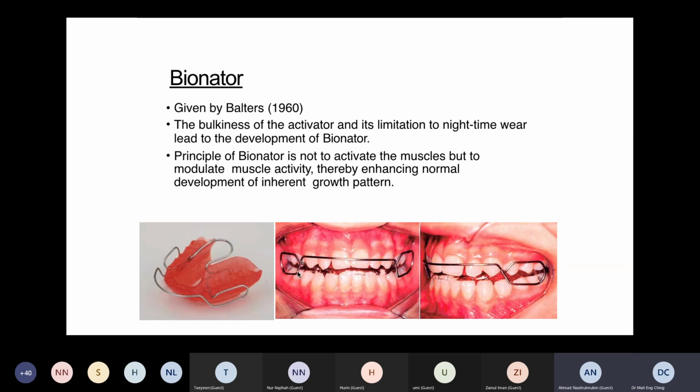Look at these wires on the buccal. This one will push the buccal or the buccinator away, so the muscle is not acting on the teeth. So this is not only activating the muscle, but also modulating the muscle activity on the buccal side. So hopefully you get more effect from these myofunctional appliances.